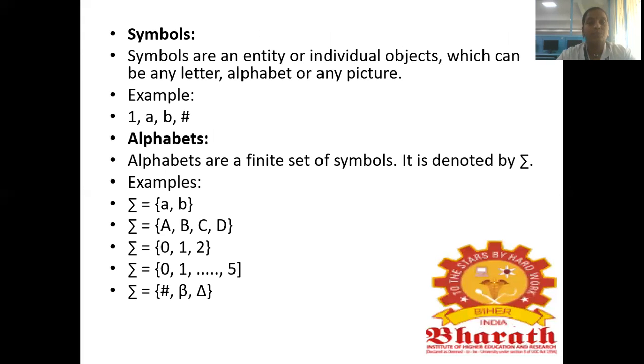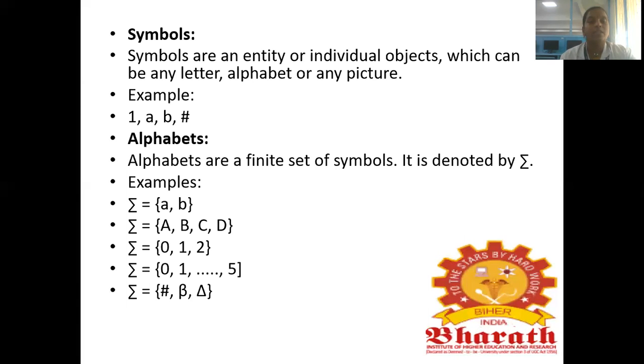So what is a symbol? Symbols are entities or individual objects, which can be any letters, alphabets, pictures, or a collection of symbols. Any special symbols or entities are used for finite automata machines.